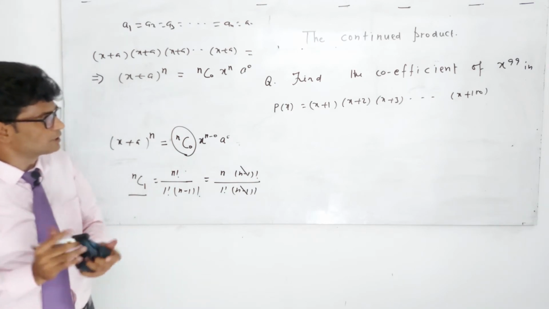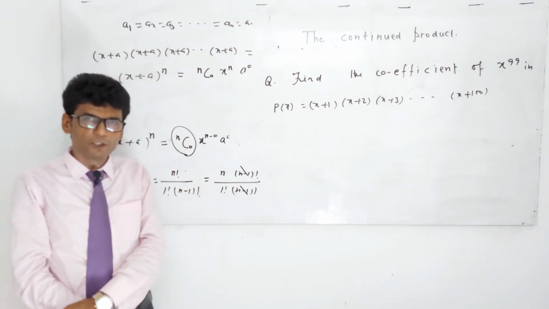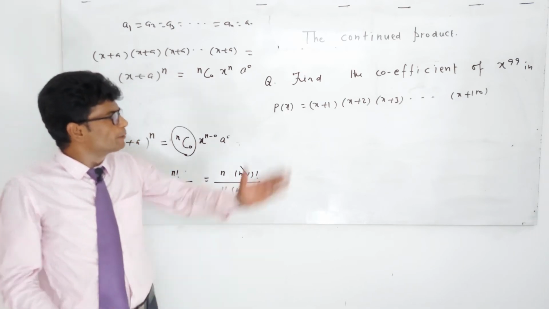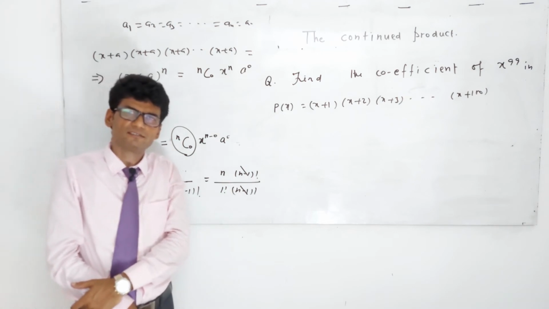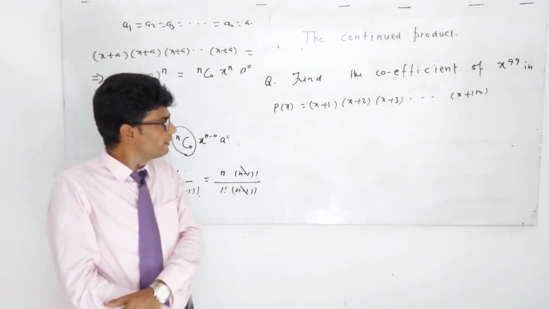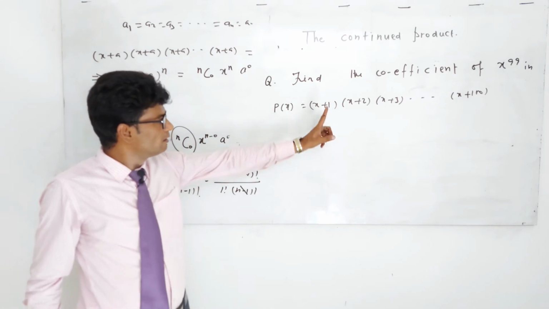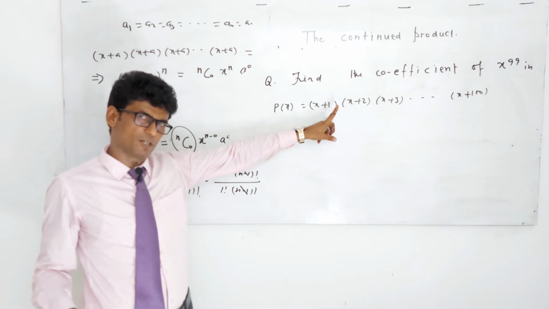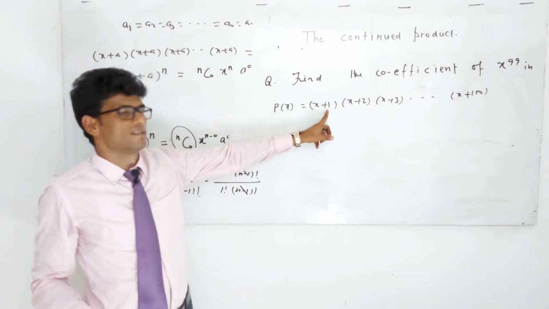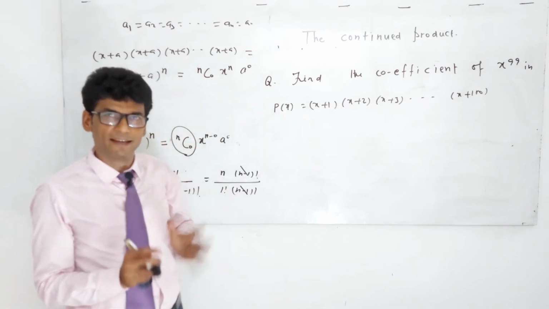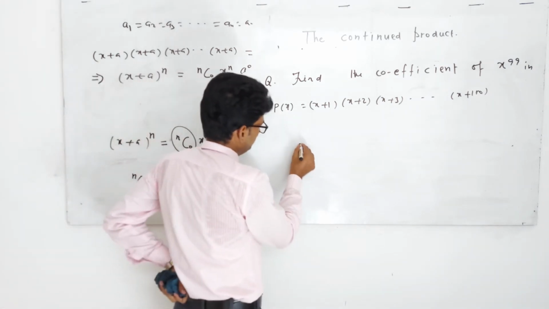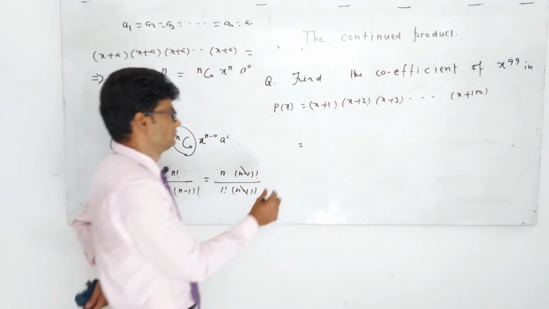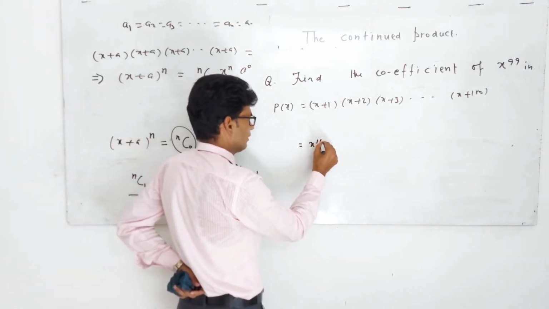So we have just read continued product, that is, we have to multiply these factors, but I have told you earlier in this class the coefficient of x in every one of the factors must be unity. Yes, it is. So readily we apply. Here take x from each of the 100 factors, then it comes out to be x to the power of 100.